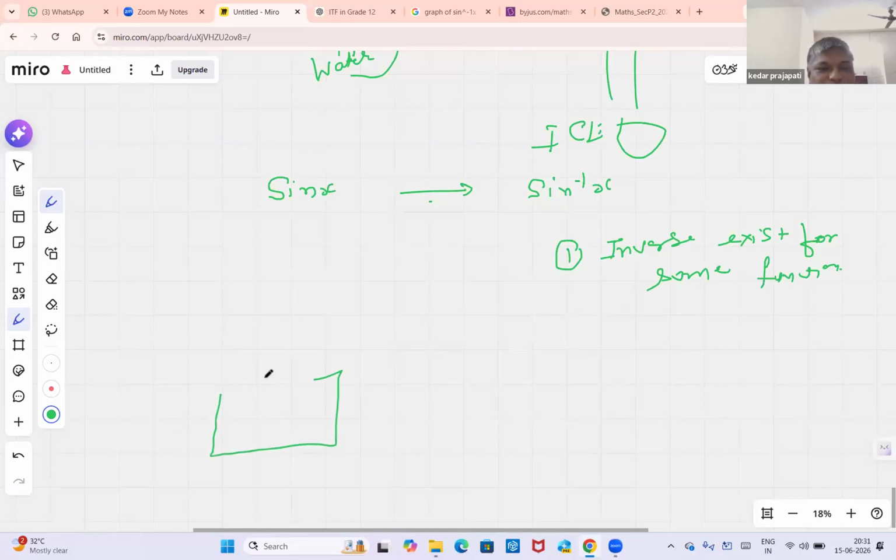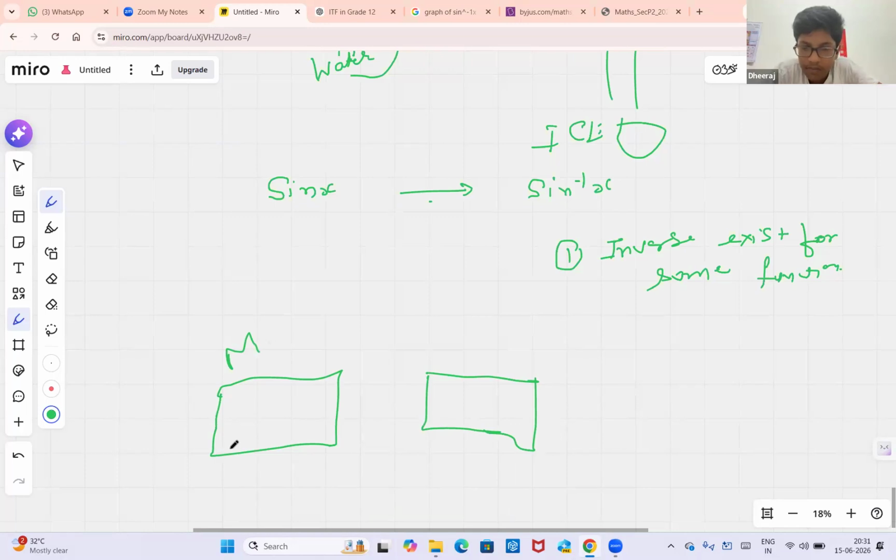One is machine 1, and the second one is machine 2. So this is machine 1. Suppose this is a mixer grinder.